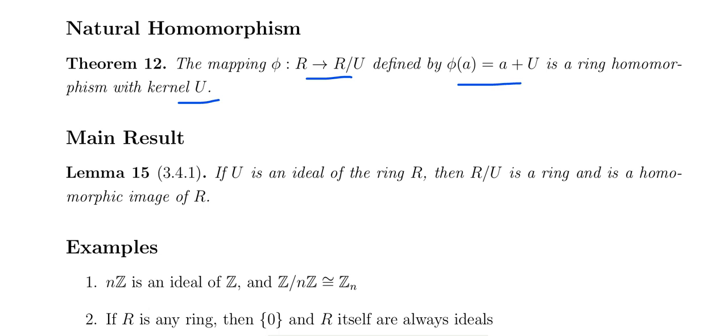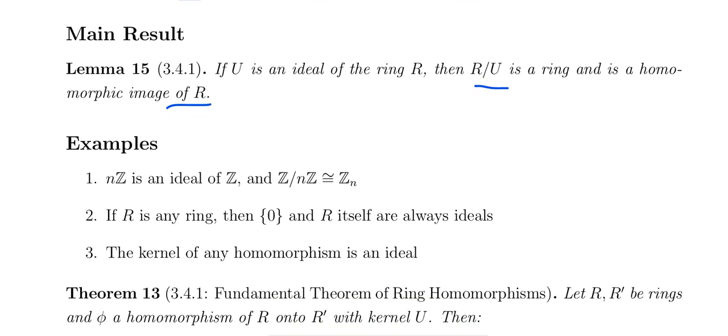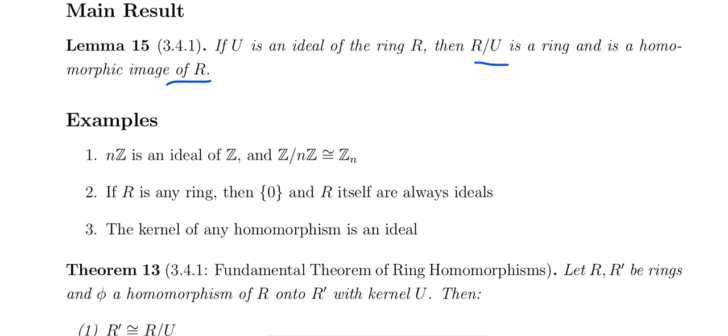Already we know the definition of the kernel. If U is an ideal of the ring R, then R by U is a ring and is a homomorphic image of R. For example, nZ is an ideal of Z, then Z by nZ is isomorphic to Zn.